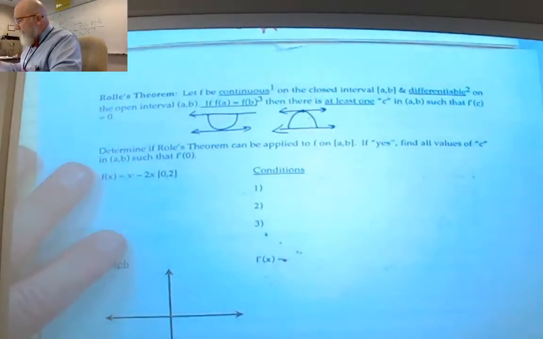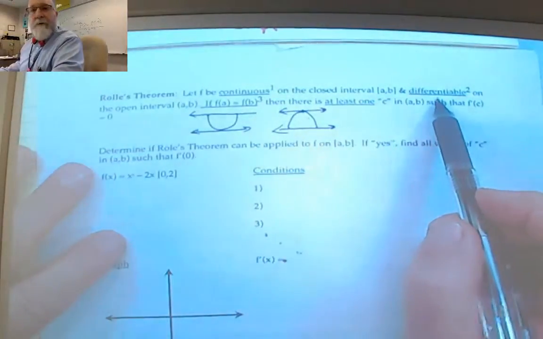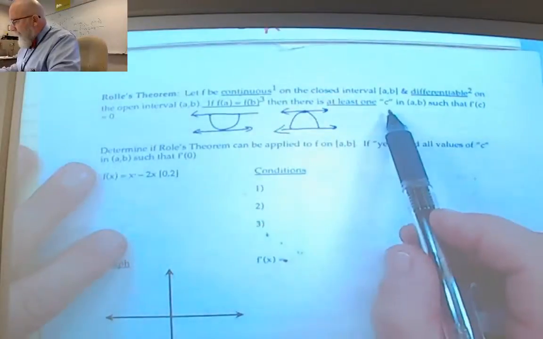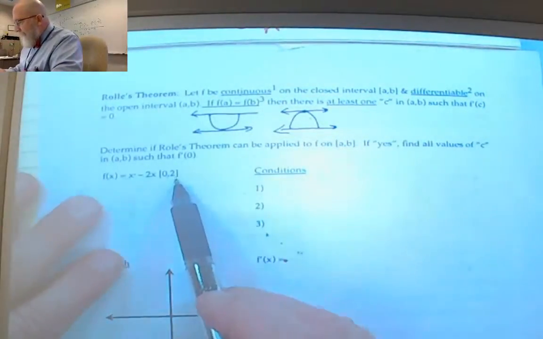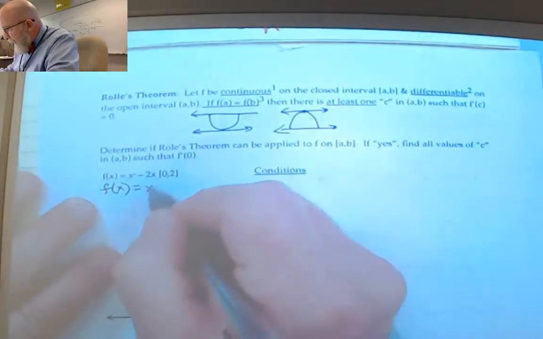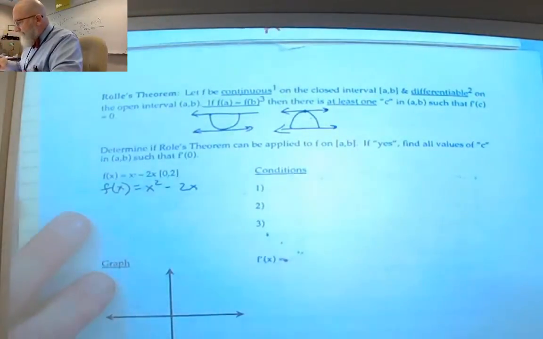You have to demonstrate three things. One, that the function is differentiable. Two, that the function is continuous. And that f of a equals f of b. So I'm given this. This is f of x equals x squared minus 2x within that interval.